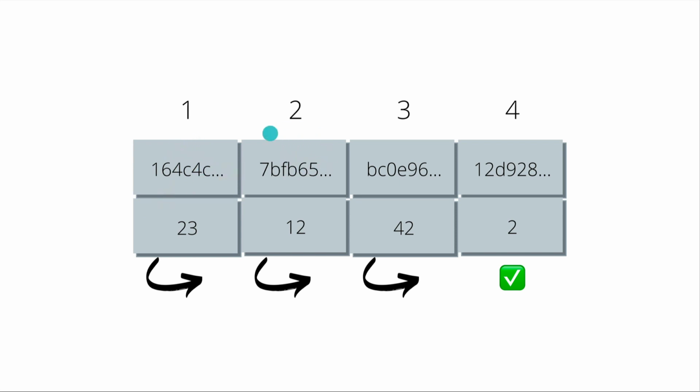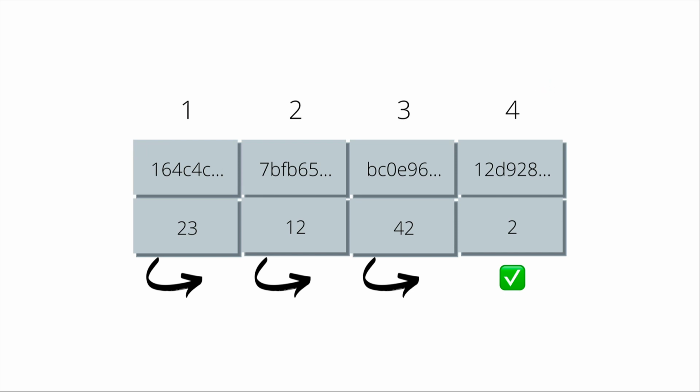Then the second, no, still not. Then the third, again, still not. And then the last element, and we would see it's the one, this 12D we were looking for. So you indeed might have to go through the whole list before finding the value you're looking for.